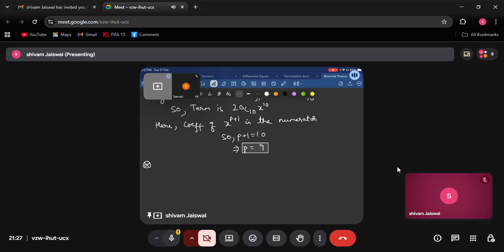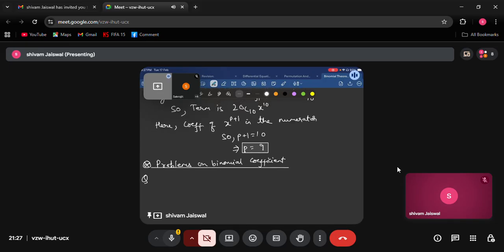Binomial coefficient. Problems on binomial coefficients.